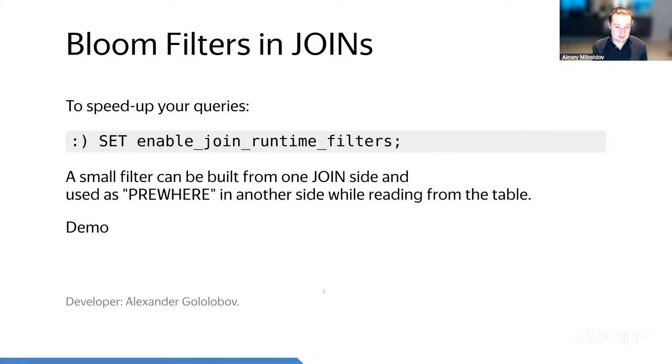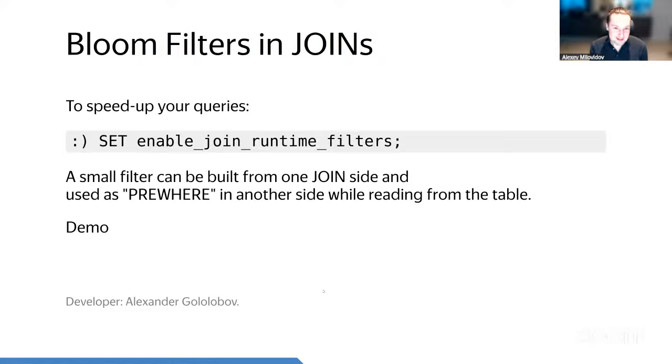But the question is, is it possible to take the data from the right table, make a sort of small sketch out of this data, and then use this sketch while reading from the left table as a pre-where condition? If you know ClickHouse, you know what is pre-where, and you know that pre-where is particularly fast. Sometimes it is as fast as using indexes, while it is not an index, it is a full scan.